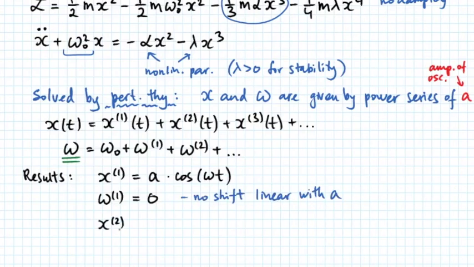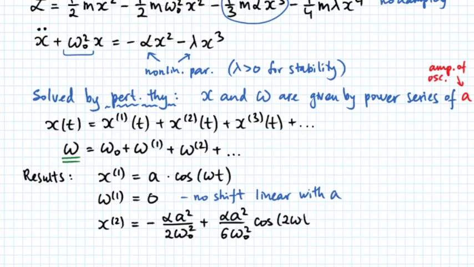For the second term, x2, we find that it will be given by alpha A squared divided by 2 omega naught squared plus alpha A squared divided by 6 omega naught squared times cosine 2 omega t.